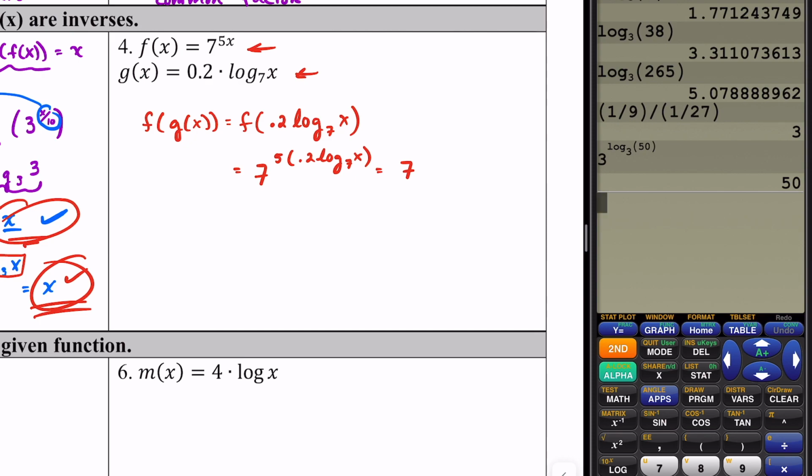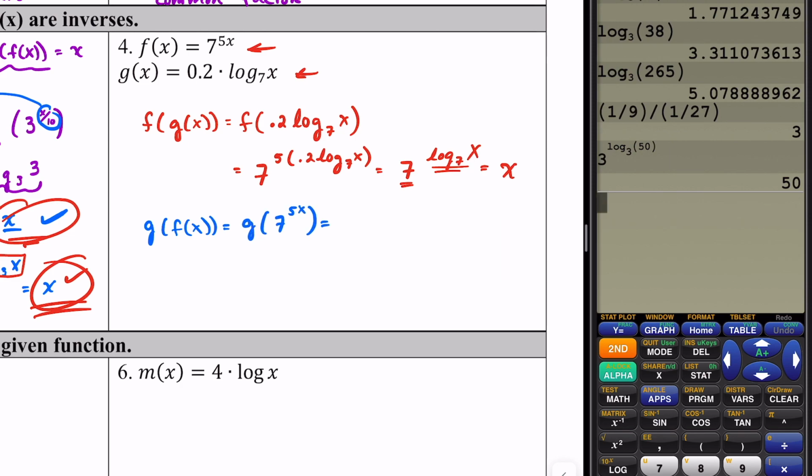So this is just 7 to the log base 7 of x. And there we go, we've got inverses again. 7 to what power? Log base 7 of x. They cancel each other out, and I just get x. Then we'll rework it with g of f of x, so putting f of x into g.